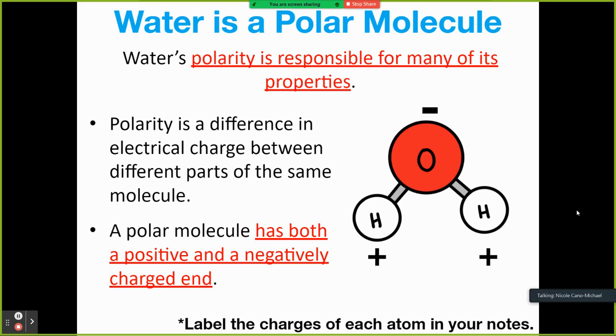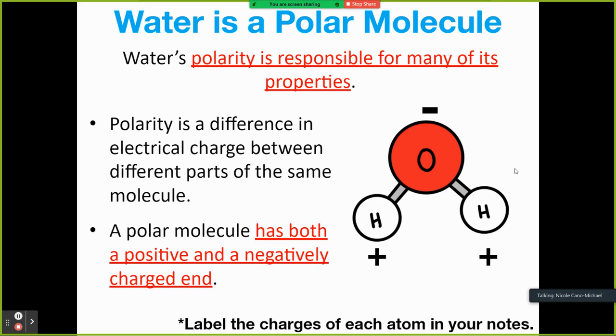And again, this is not like ionic. It's not a permanent positive negative like ions are. It's just because oxygen is bigger and it holds the electrons for a longer period of time. So it's not sharing equally. Hopefully that makes sense.